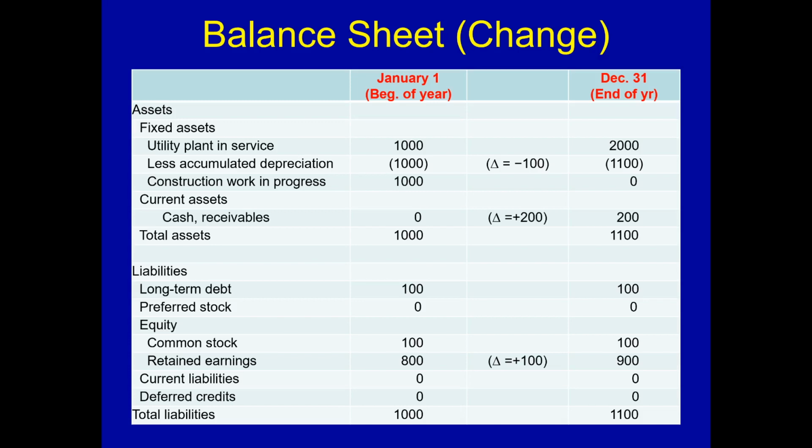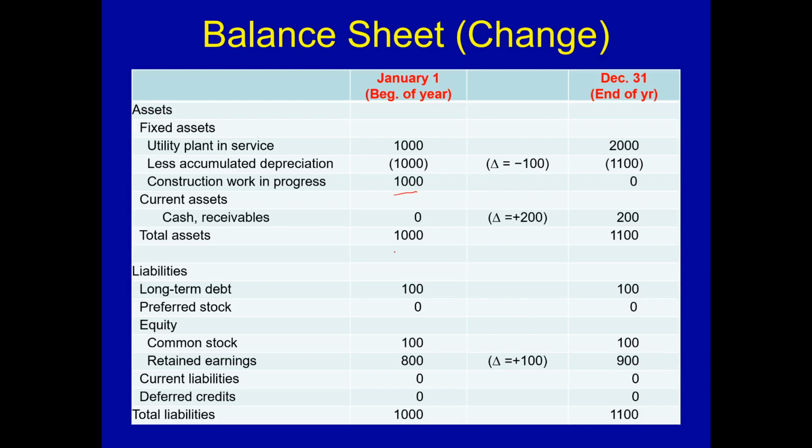Let's look at the balance sheet change. At the beginning of the year, this is the situation: the utility plant in service was 1000, then the accumulated depreciation was also 1000, and construction work in progress is 1000 as well. The current assets, the cash and receivables, let's say 0.